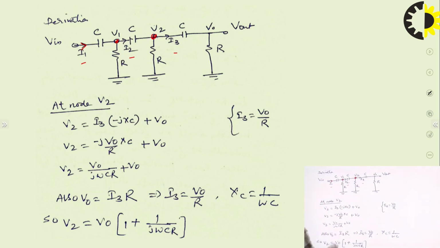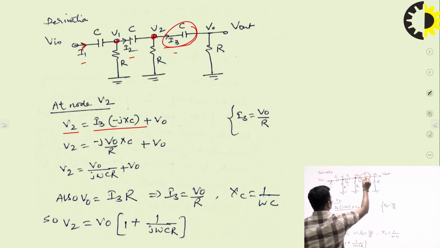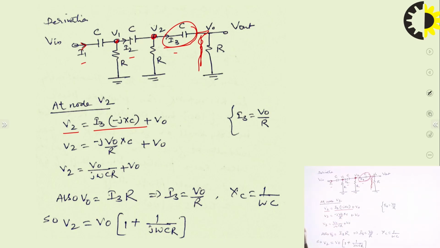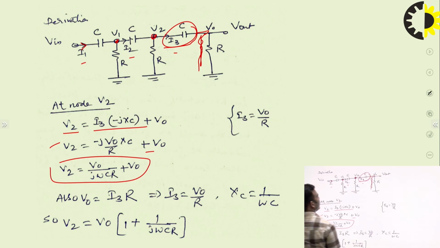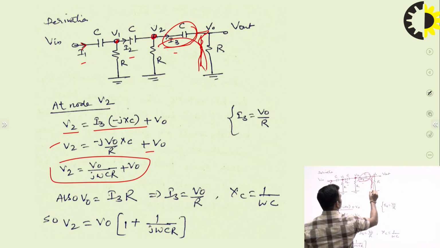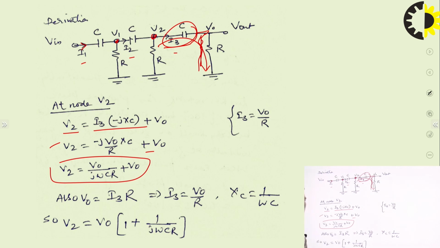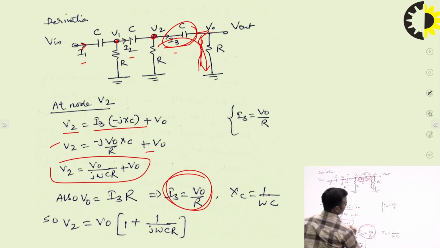So V2 is equal to I3 multiplied by this impedance plus V0, the voltage drop across this R. It can be simplified as this. And you know that V0 is also equal to I3 into R, because this whole current will pass through it. So the I3 value is known to us, and now you can put this value and find V2.